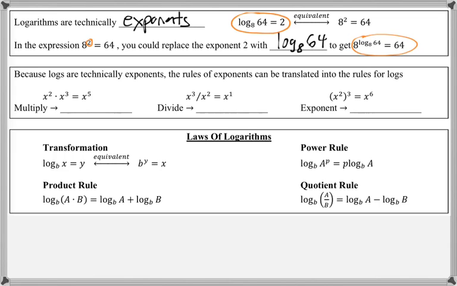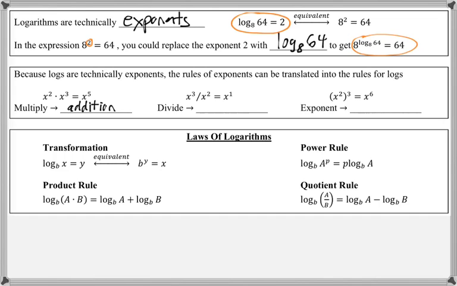So let's just look at x squared times x cubed is equal to x to the fifth. When I multiplied my like bases, I wanted to add my exponents. So I'm changing a multiplication problem into an addition problem. If I have x cubed divided by x squared, I'm subtracting the exponents.